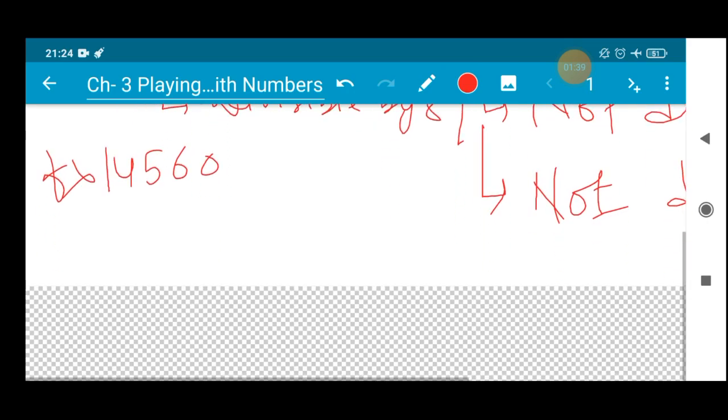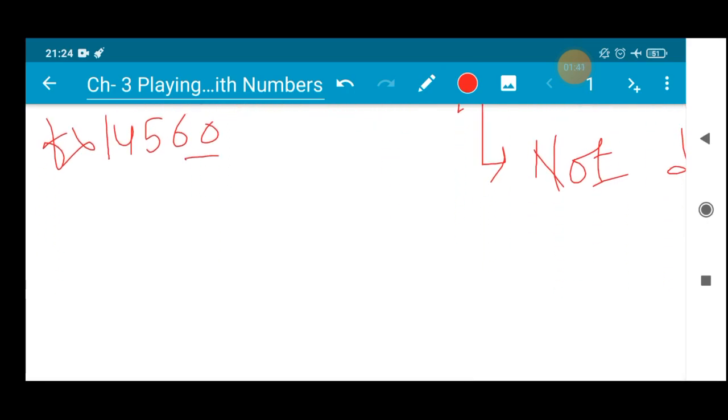Again the last two digits you all know to divide in order to check whether it is divisible by 4 or not. So 4 ones are 4, 4 fives are 20. So yes, it is divisible by 4. The whole number is divisible by 4. Now we have to check with 8 also.